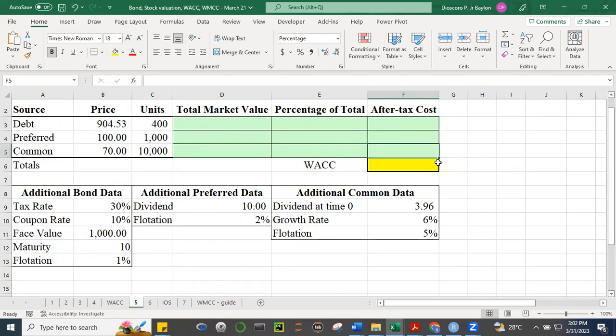Kasi hindi naman net against tax to. So the price of the bond now is 904.53. Okay, so I'll give you a few minutes to try to see what's the cost. Okay? Clue, class, of course, pag cost ang pinag-uusapan, ang rate ang gagamitin niyo dyan. Okay, sige. I'll give you a few minutes, maybe 1 or 2 minutes, to try to compute how much is the after-tax cost of that. You can, of course, refer to the other notes.